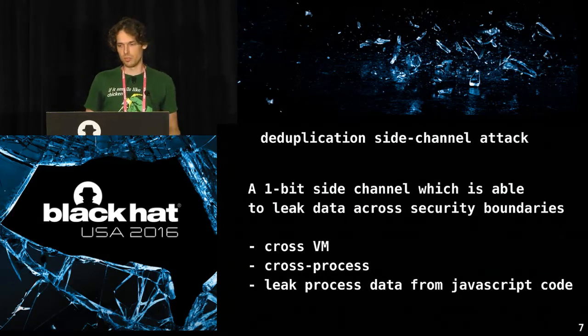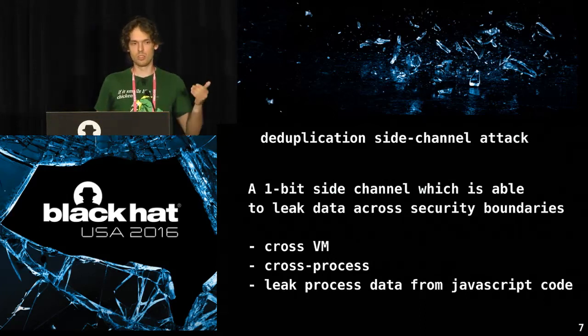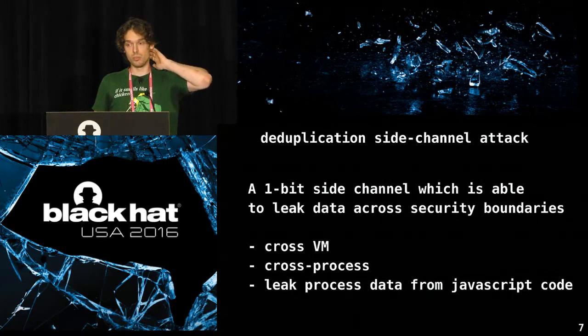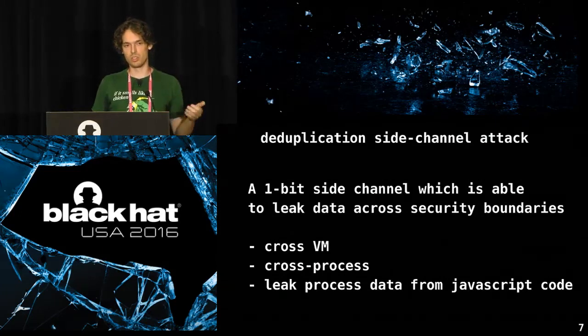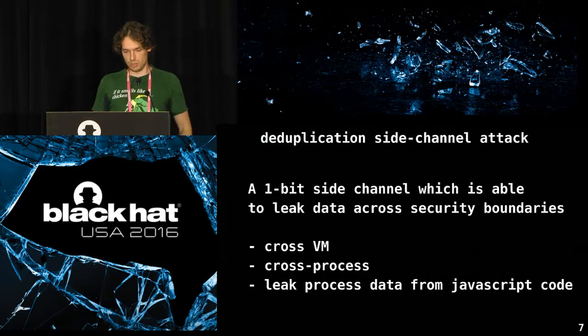The fun thing is, because these pages are deduplicated from all over the system, we can leak information across security boundaries. An attacker replicates a page, waits a bit, and then sees if it has been deduplicated.